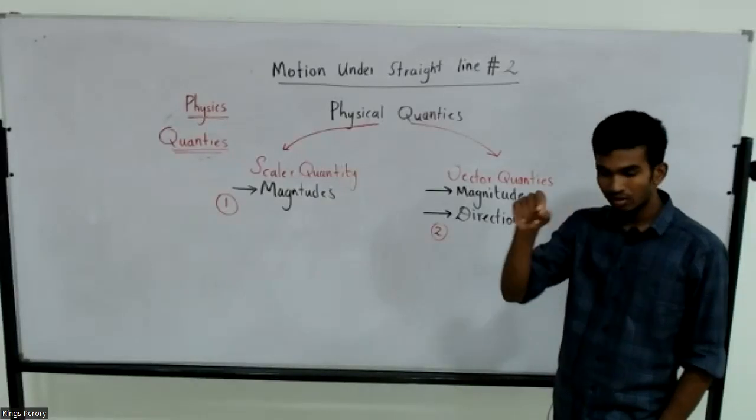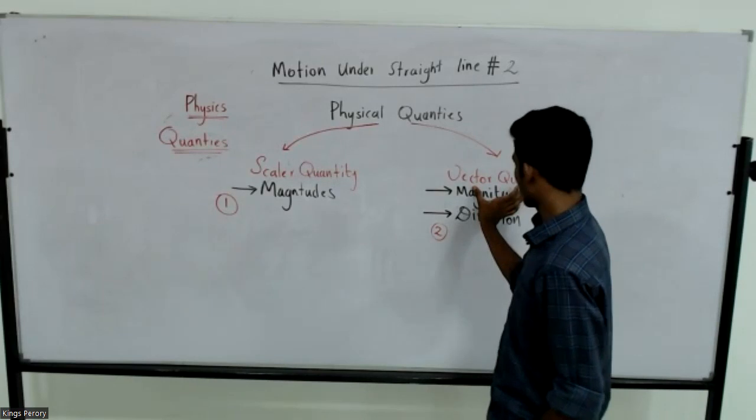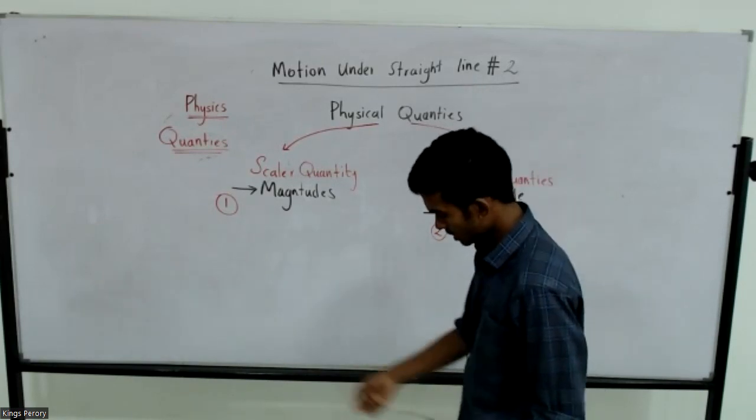Next one, write down. Those who have the tutes, you already have it. Those who don't, write vector quantities.